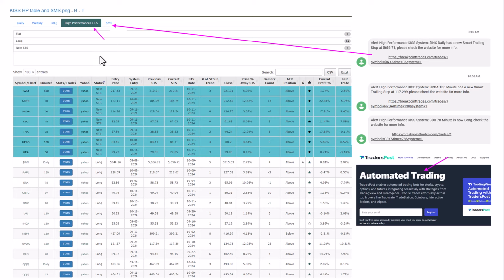But there's a lot of folks that like systems, including myself, because there's a lot of folks out there that love technical analysis. They like making subjective analysis and trades. But there's also people that are busy and they don't want to do that. They don't want to interpret charts and make their own decisions. They want something that they could just follow. And that's where the systems come in. I do that a lot too.